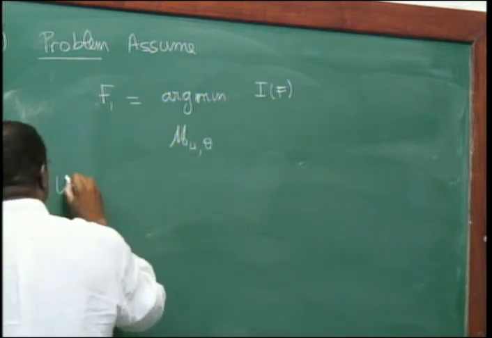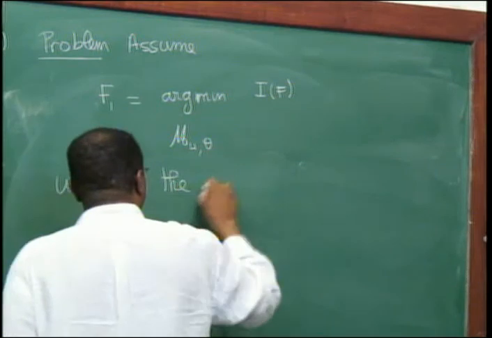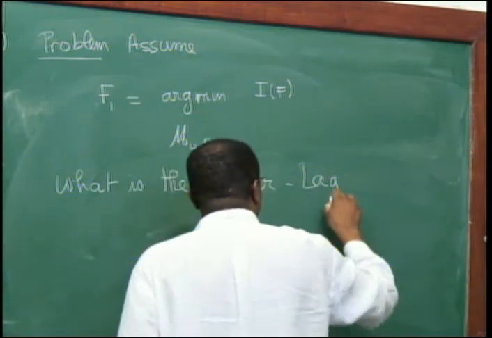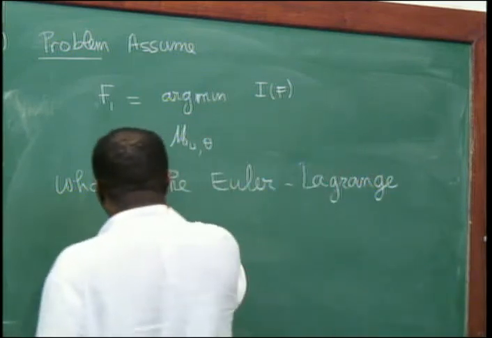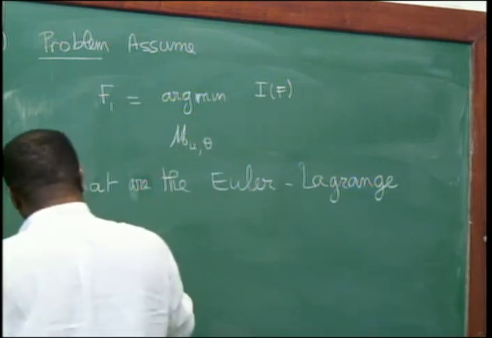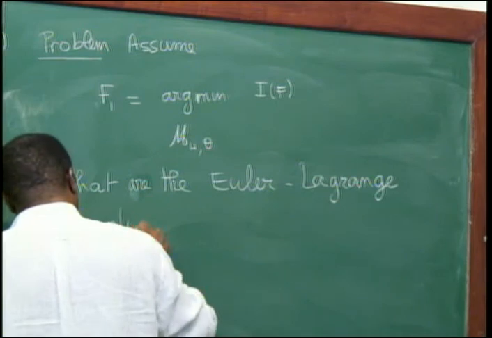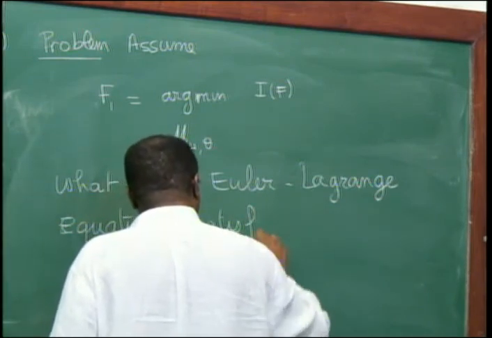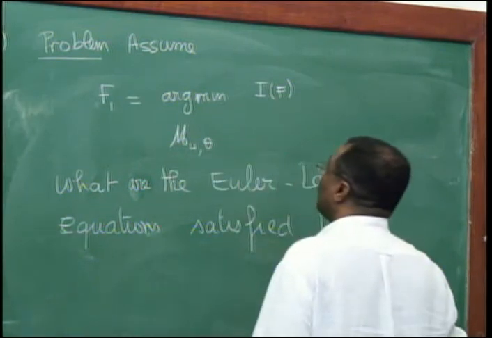What is the Euler-Lagrange equation satisfied by F1?